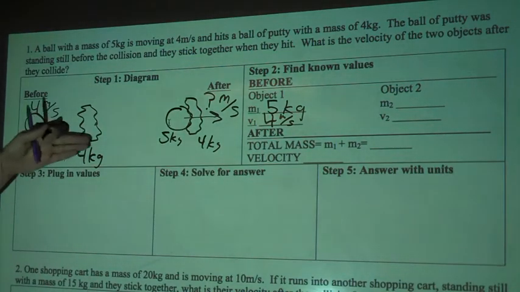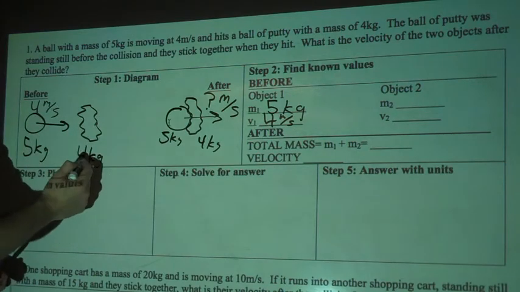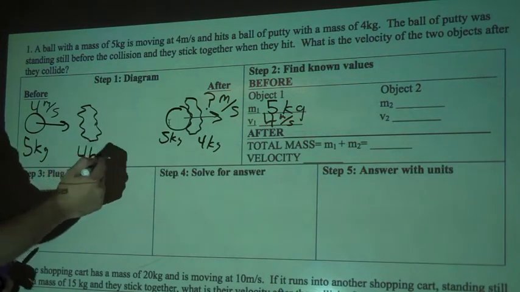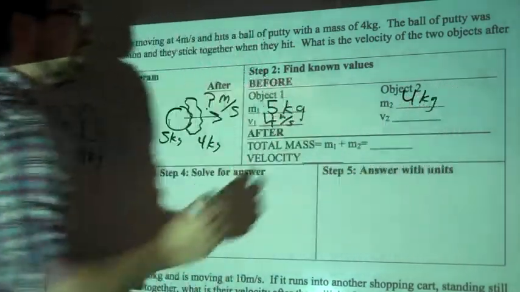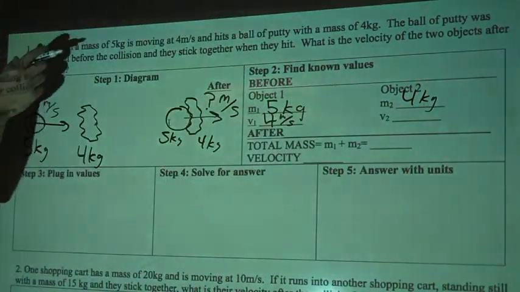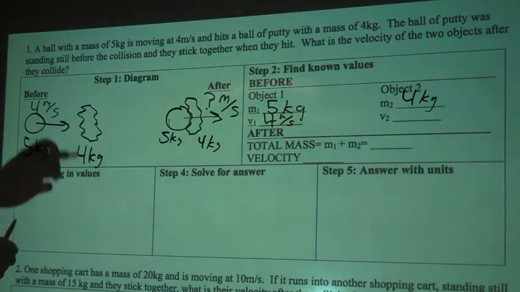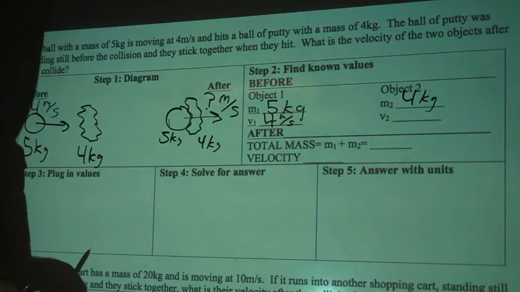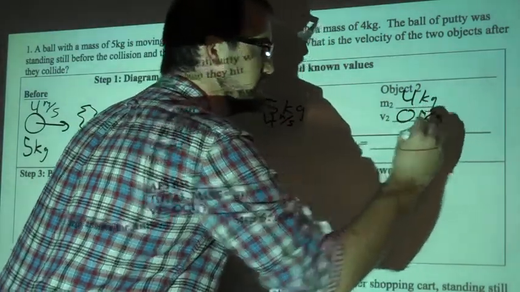Alright, and that's hitting something, the mass of the ball of putty is going to be 4 kilograms, so I'll write that there. And then the velocity of the putty, it says in the second sentence, the ball of putty was standing still before the collision. So if it's standing still, it means it's at rest, has a velocity of 0 meters per second.